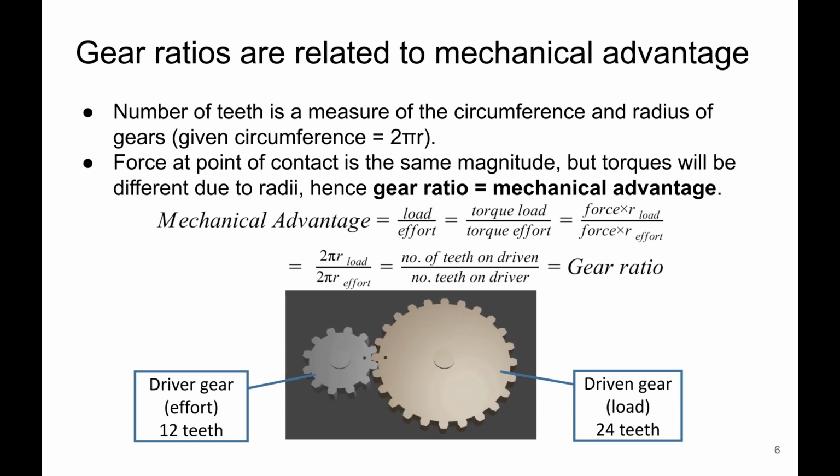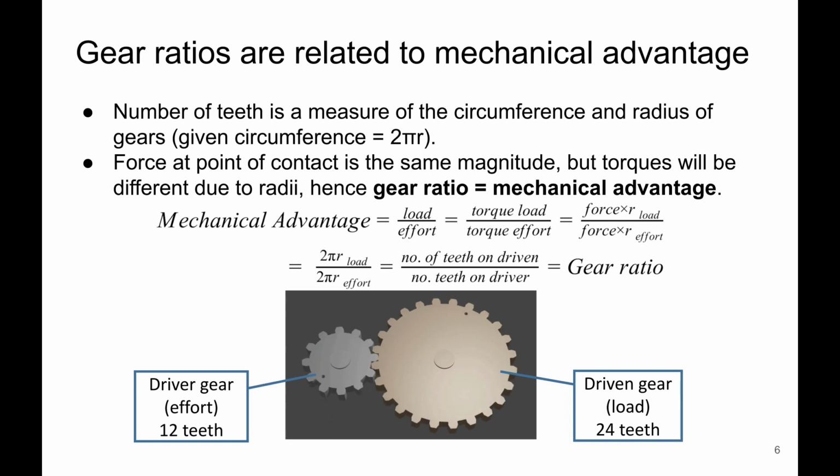Therefore, if we're talking about a ratio of the circumference, or a ratio of number of teeth, the 2π's will cancel out, and we are left with basically r. So the number of teeth is directly proportional to the radius of each gear.